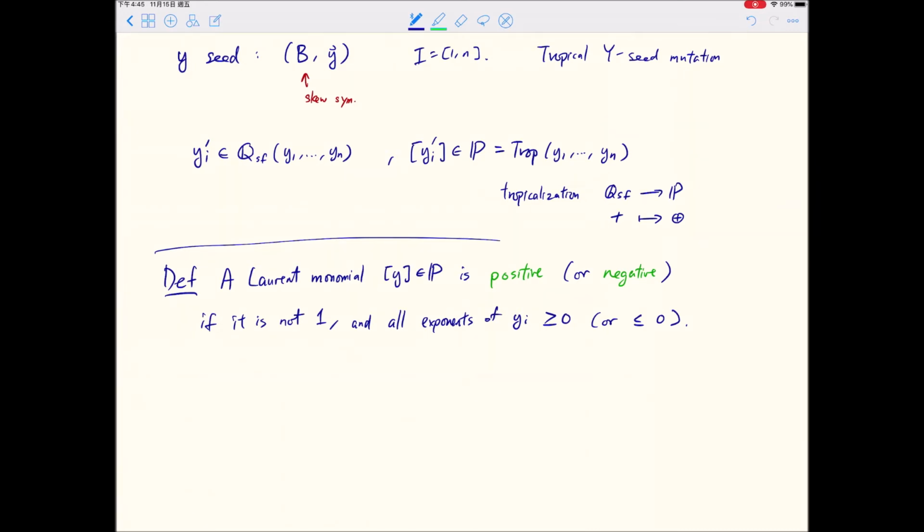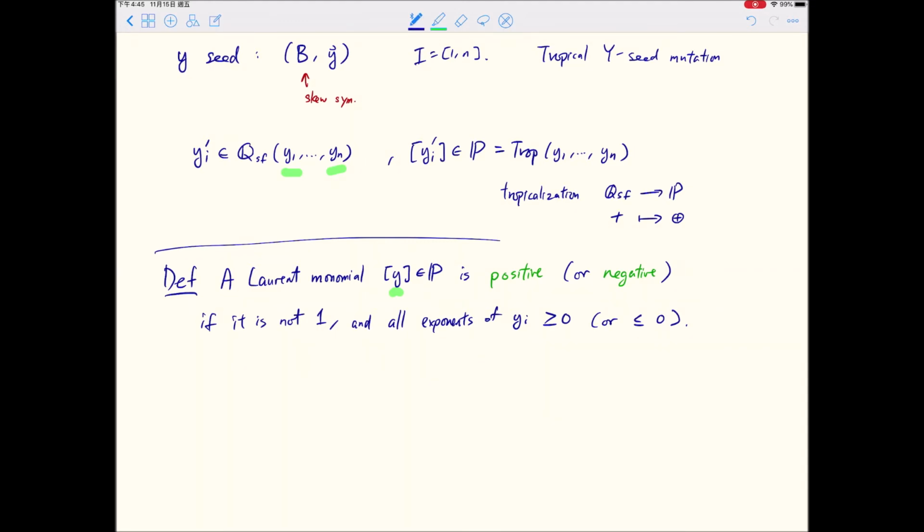Yeah, so you have a monomial in terms of y1 to yn. So y1 to yn will be the initial variables. And for a general expression y, it is a monomial in y1 to yn. And if all the exponents of these variables are positive, you call this positive, and negative otherwise.